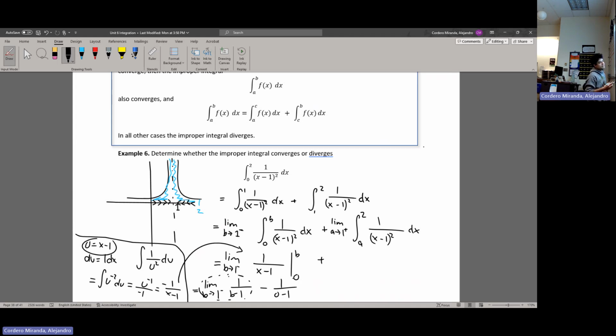I think that's going to be infinity, because if I approach 1 from the left, I'm going to get 1 over 0, or really close to 1 over 0. When I'm approaching 1 from the left, like if I plug in the 0.9, I get 1 over 0.9 minus 1. That's going to go to -1 over a negative really small number, so this would go to infinity, meaning this whole thing is going to diverge.